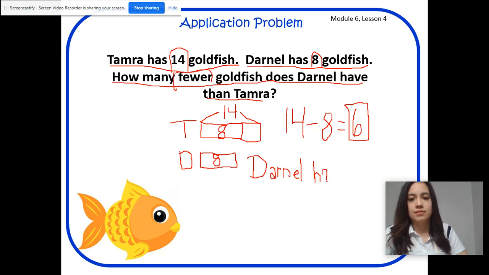As I'm writing, we'll just put fish because it's a little bit hard to write with this pen, boys and girls.